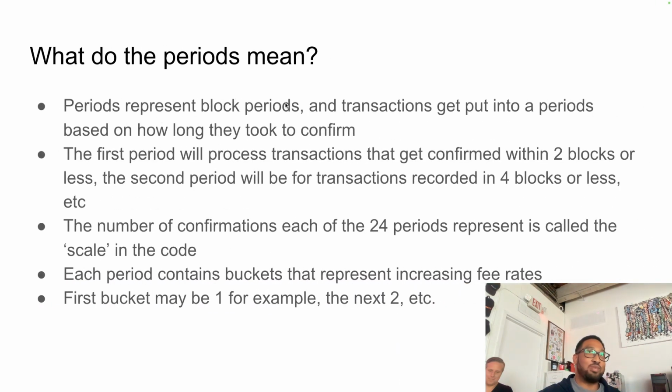All right, so periods represent block periods, and transactions get put into periods based on how long they took to confirm. The first period will process transactions that get confirmed within 2 blocks or less. The second period will be for transactions confirmed in 4 blocks or less, and so on. The number of confirmations each of the 24 periods represent is called the scale in the code.